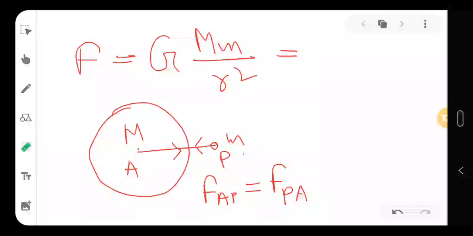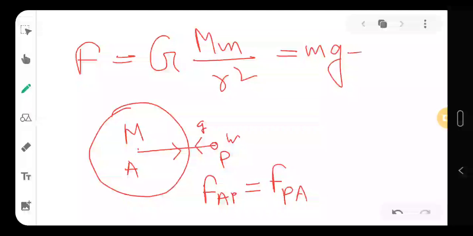So for these individual forces, I can write mass into acceleration. For small m, I can write small m into the acceleration of small m, which we generally take as g, because when something falls to the earth, we take the acceleration as g.